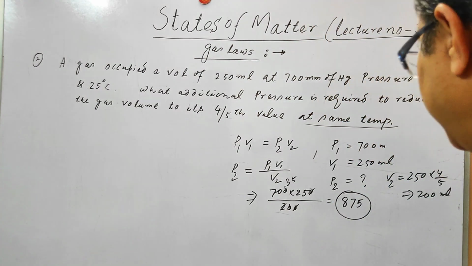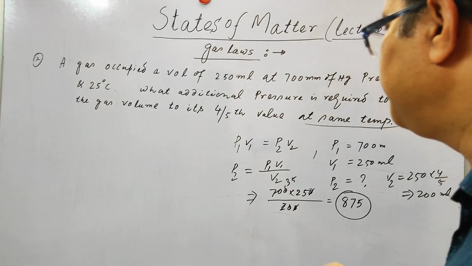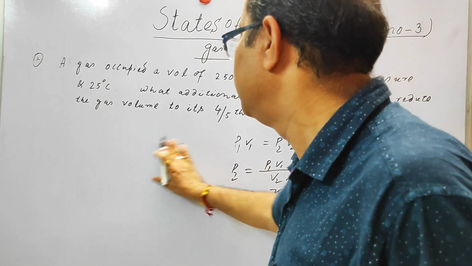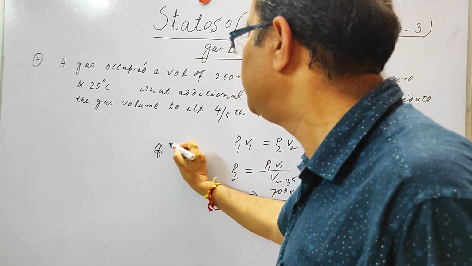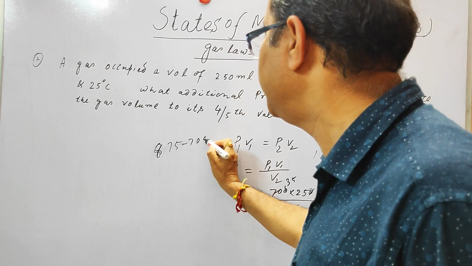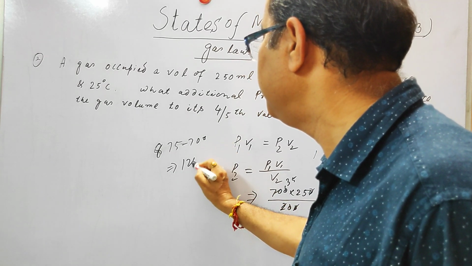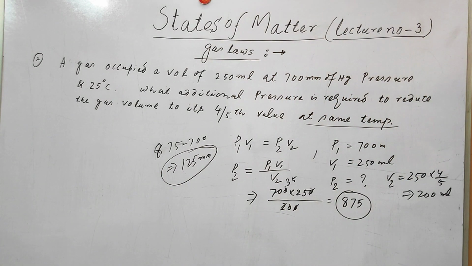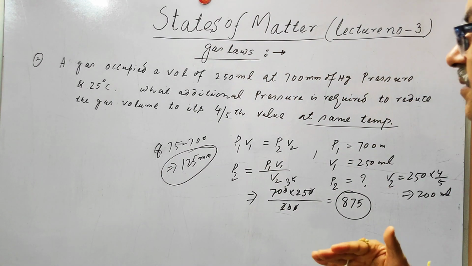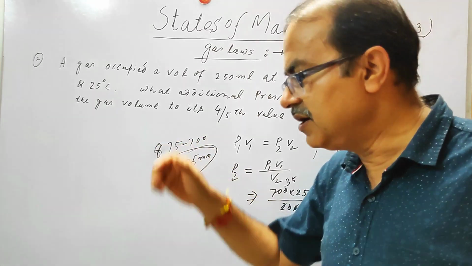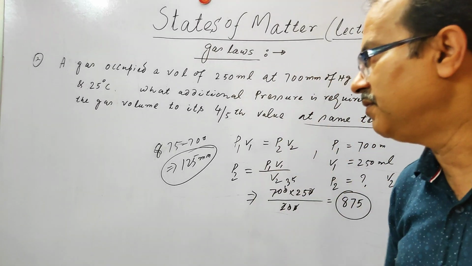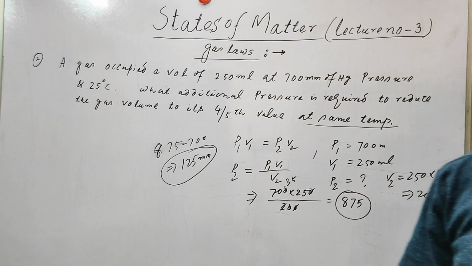This means the additional pressure you have to give is 875 minus 700, that will be 175 millimeter. This will be the answer. So when you give the additional pressure, that is 875, at that time you will get the volume that is 4/5 of the original volume.